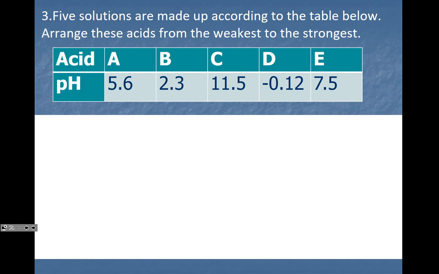Okay, here's another type of question that she likes to give. Look at these pHs. Now notice, arrange these acids from the weakest to the strongest. So what's the pH of the weakest one? So that's C. Good. Okay, then what? Okay, the negative usually throws kids.